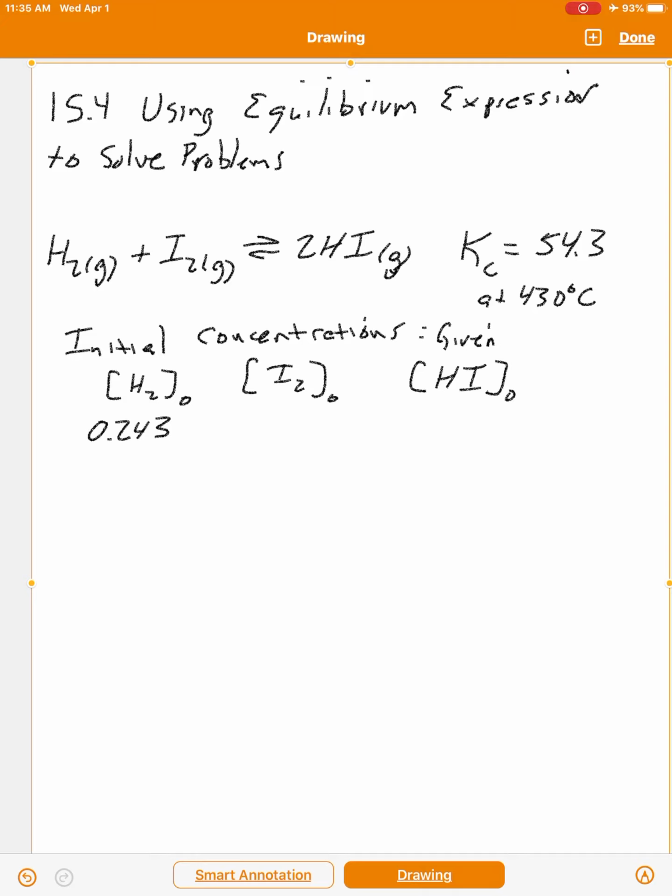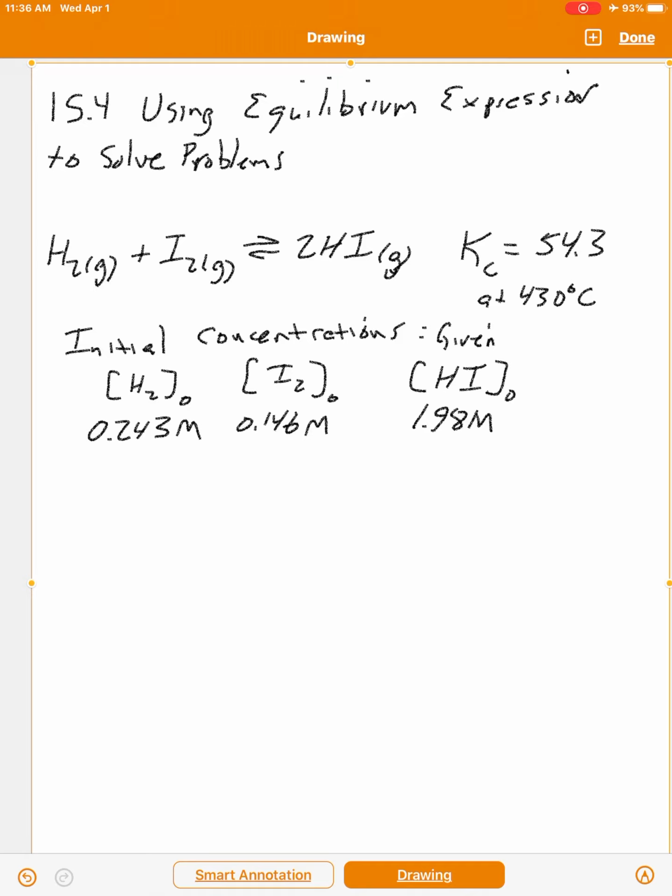If you look at the initial concentration of the I2, it's 0.146. And if you look at the initial concentration of HI is 1.98. Okay, so these are molar.